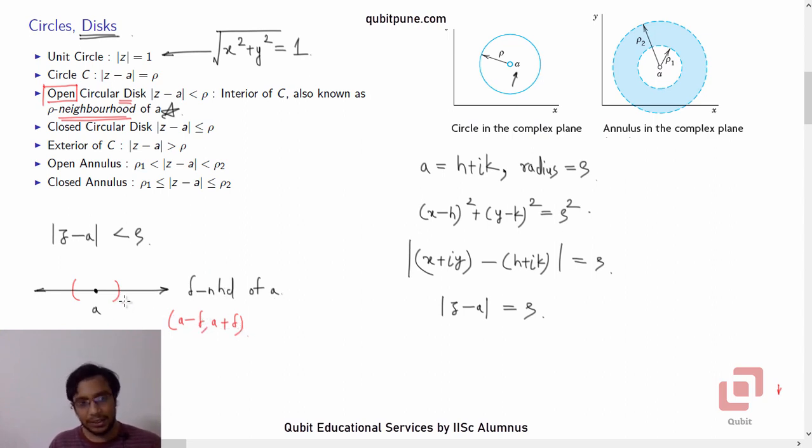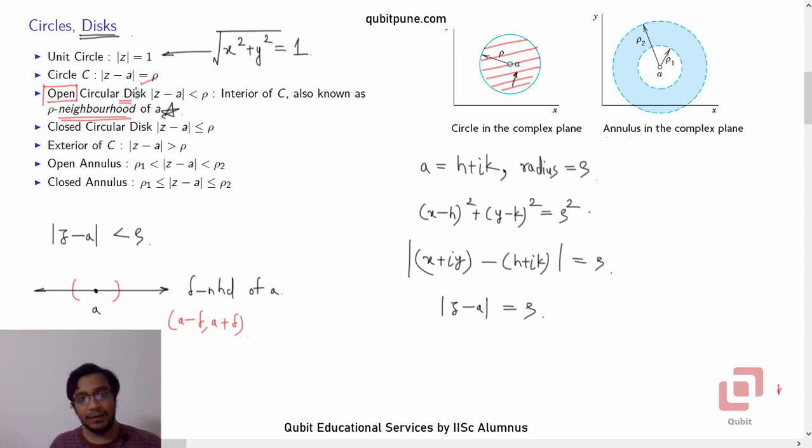But now, because we are in the complex plane, we are not defining an open interval, we are defining an open circular disk. Okay, so this is representing the interior of the circle, meaning the set of all those complex numbers whose distance from the complex number a is less than rho.